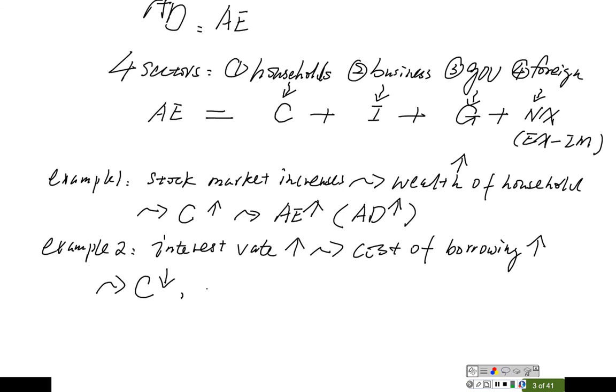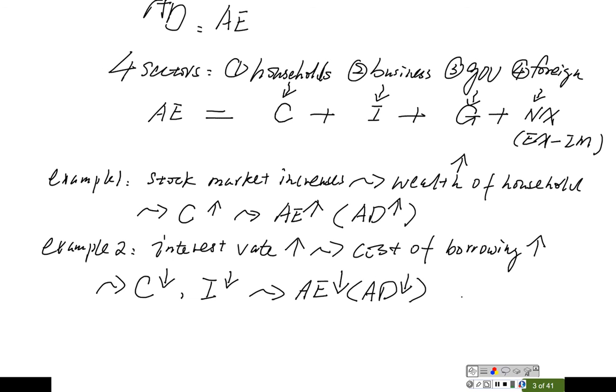As a result, they make less investment. So I also decreases. With this analysis, other things remaining the same, the aggregate expenditure is going down, which means the aggregate demand of the whole society goes down.